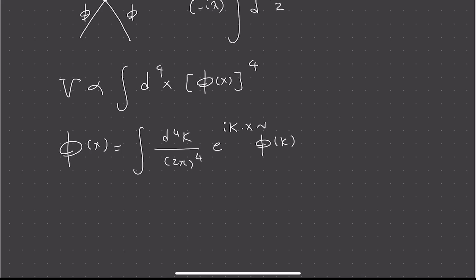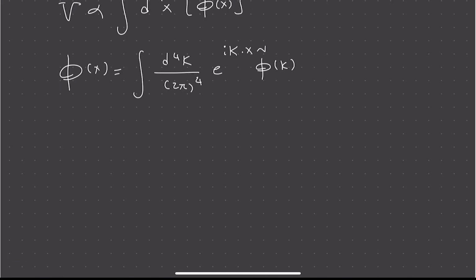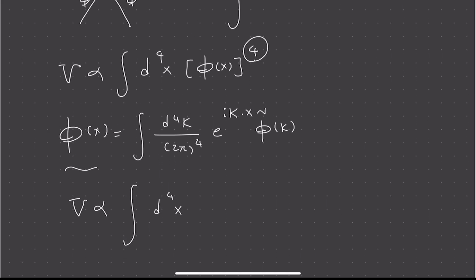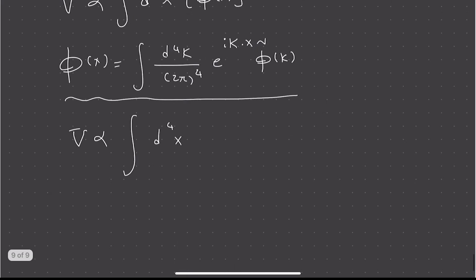This is the decomposition. Now, if we want to express the potential in momentum space, it is going to be proportional to the integral of d4x, and now you have the power of 4 of this integral, so you multiply this integral 4 times.